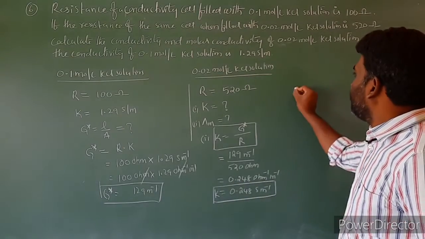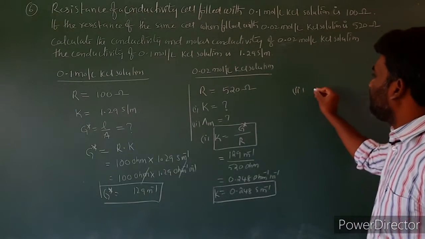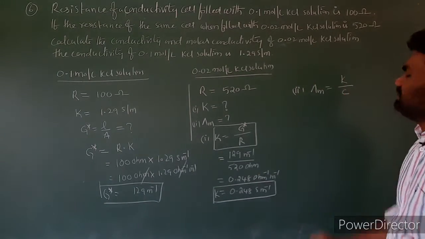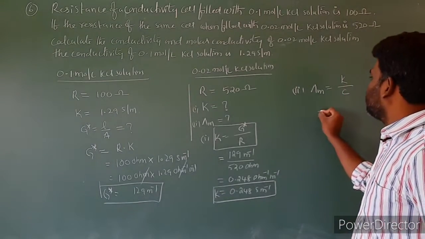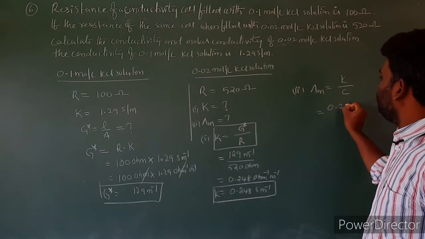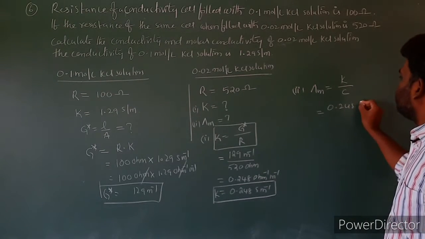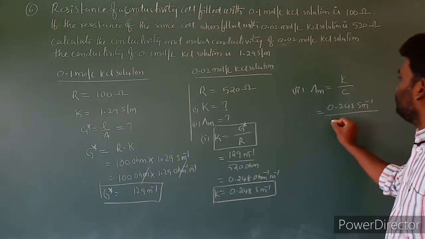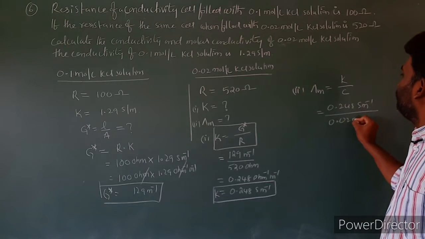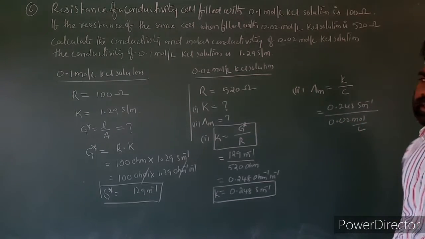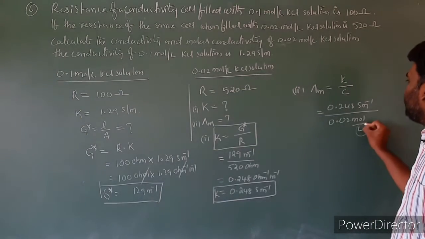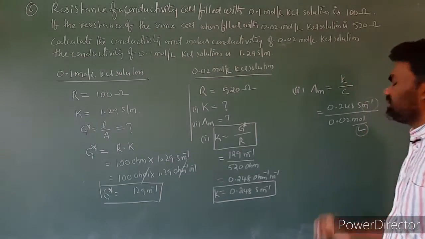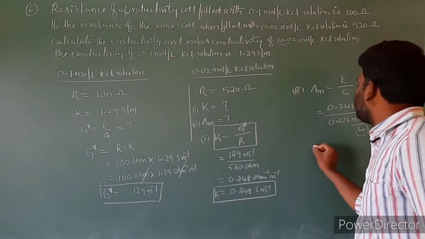Next we have to find lambda m. Lambda m is equal to the formula K by C. K we got as 0.248 Siemens per meter, by concentration 0.02 mole per liter. Here the concentration is in terms of liters and K is in terms of meters, so we have to convert liters into meter cubes.